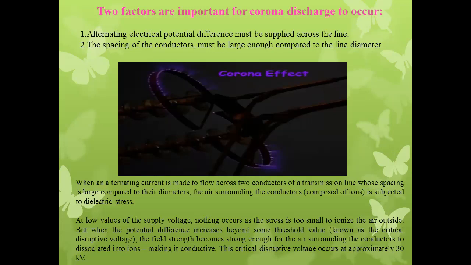At that condition our surrounding air gets ionized or broken down and turns into a conducting medium, producing a rapid number of free electrons or free charged particles. These charged particles try to move in the air medium. Whenever these free electrons travel through the air medium after the breakdown of the air, they produce the violet glow. I am sliding my arrow pointer. This one is the corona discharge, with the violet bluish color.